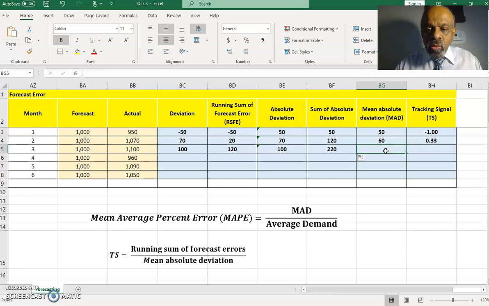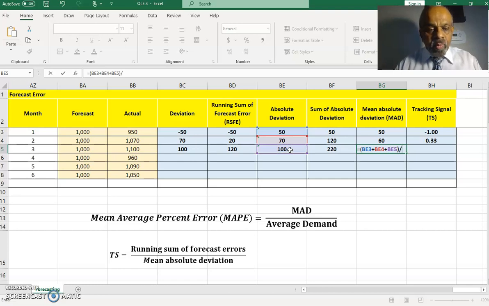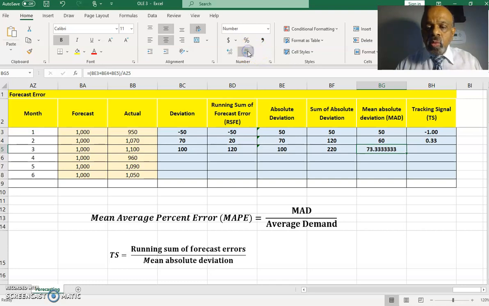So what I'm going to do is make this equal to this plus this plus this divided by 3, which gives 73.33, and I can make this 2 decimals.